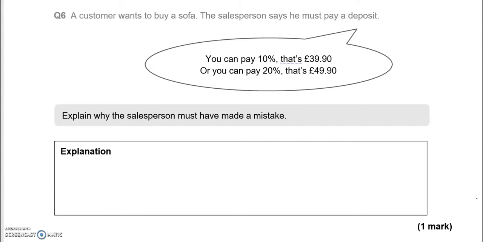We know that 20% is equal to double the 10% amount, and 10% is half of the 20% amount. So whichever way you do it, should be perfectly fine.